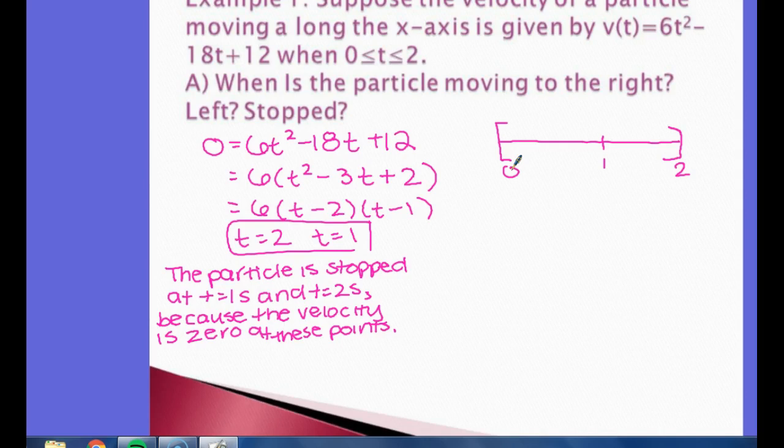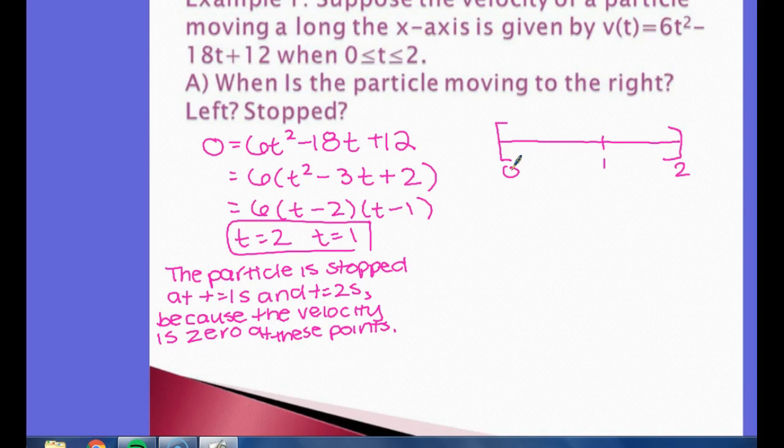Speed is the absolute value of velocity. So speed is always positive. But if I put my car in drive, my velocity is going to be positive. If I put my car in reverse, my speed stays quote-unquote positive because speeds are always positive. However, my direction would be negative because I'm going backwards.